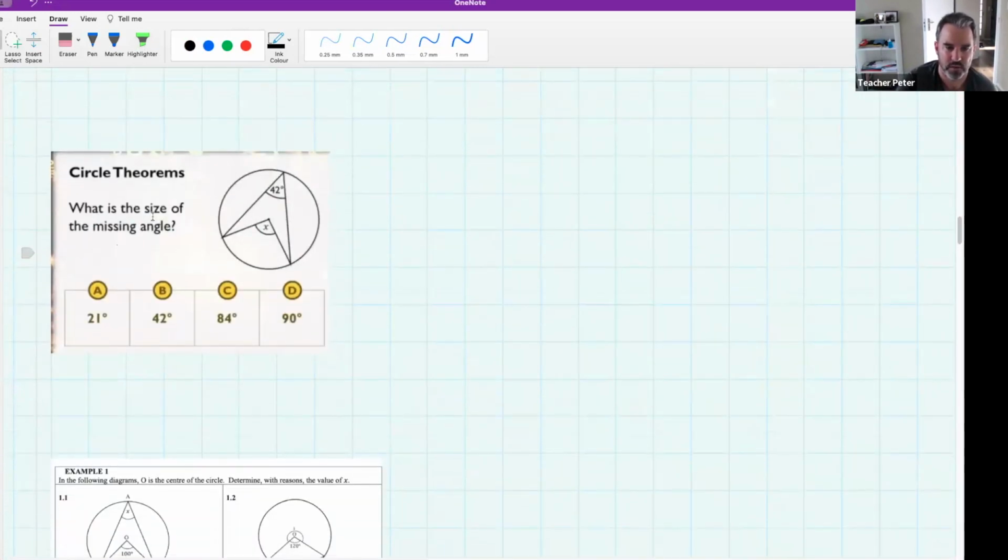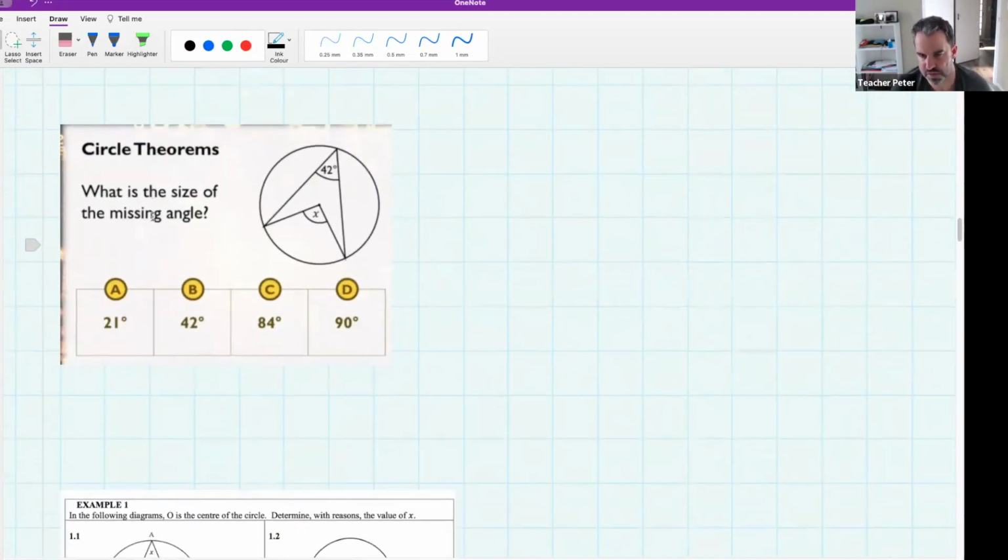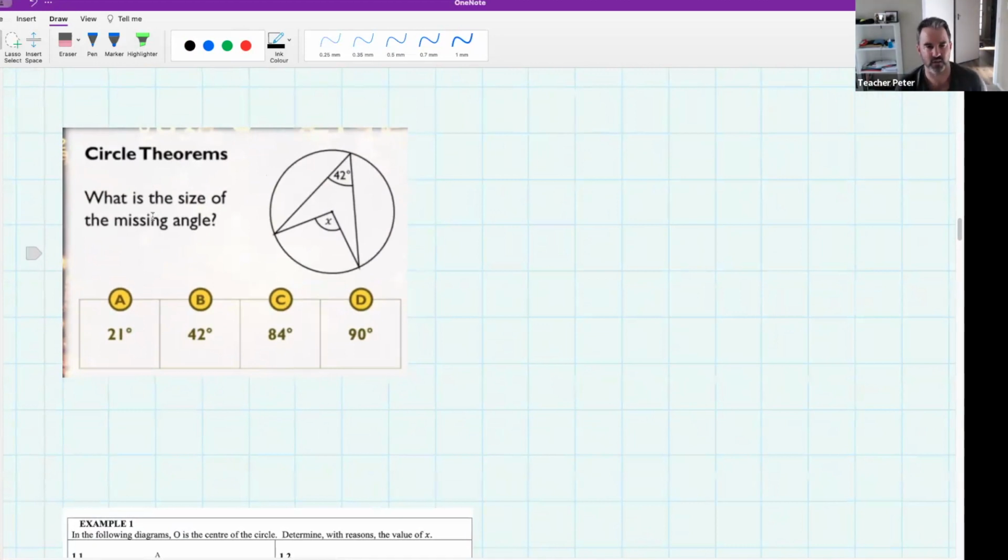Okie dokie. Well, let's practice using these facts or theorems about circles and lines and shapes. What is the size of the missing angle in this first multiple choice question?